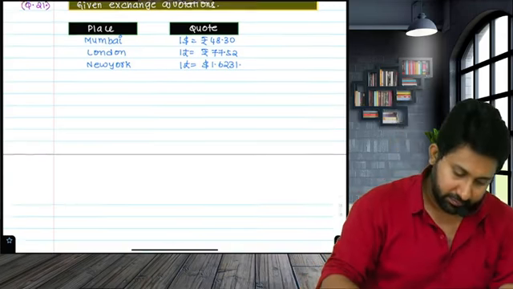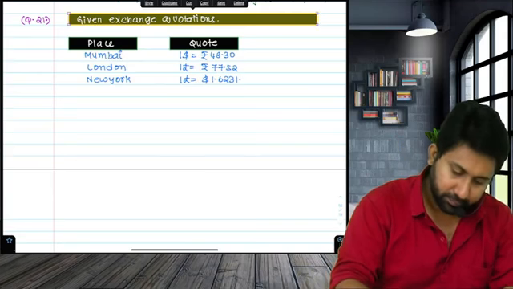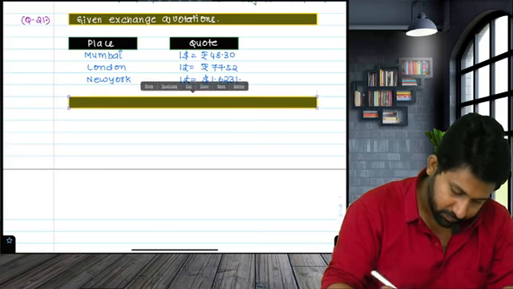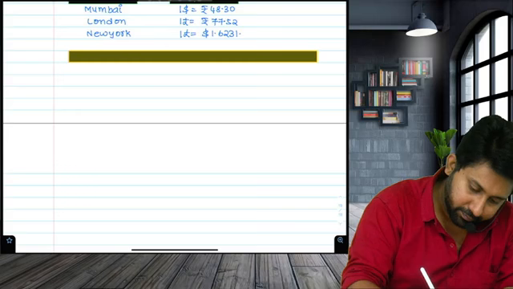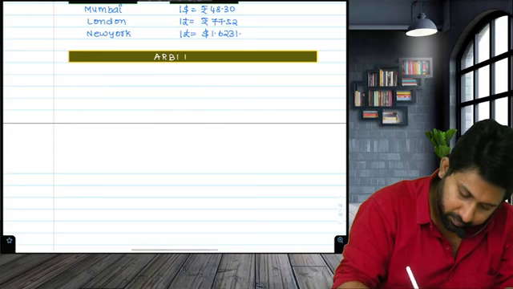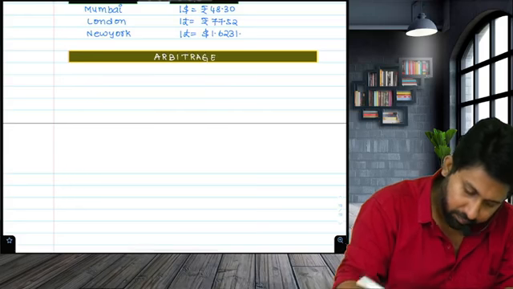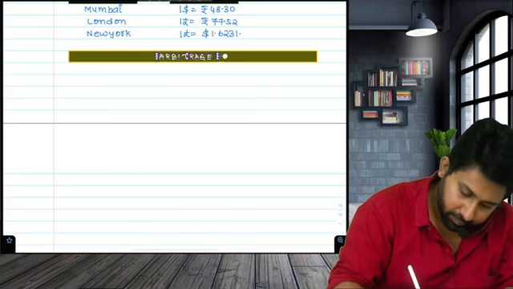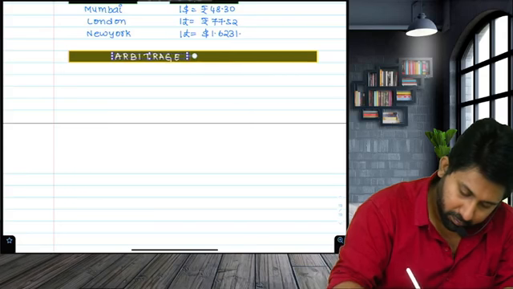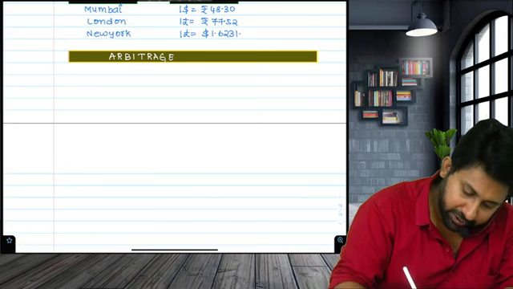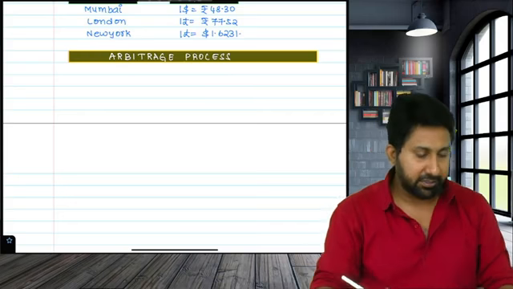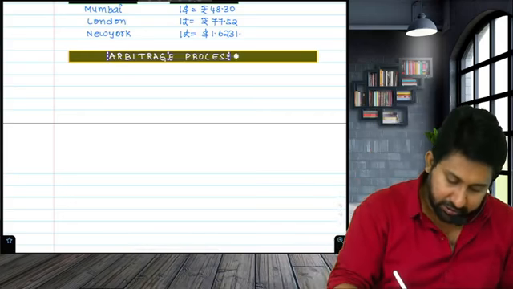Okay, next. Write down the arbitrage process. So there is a process to get this arbitrage.